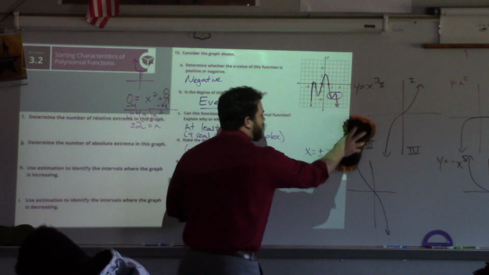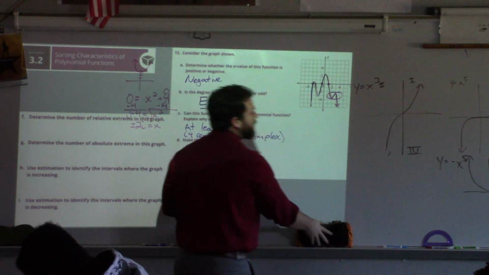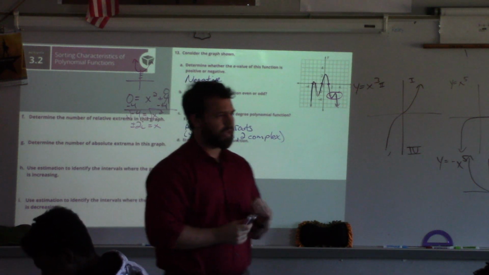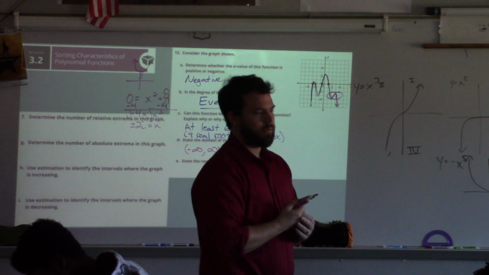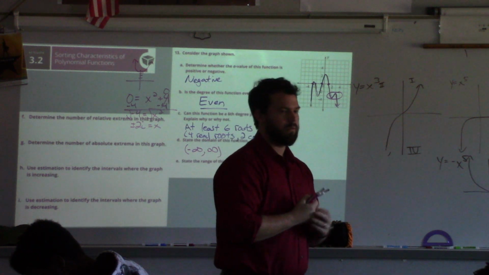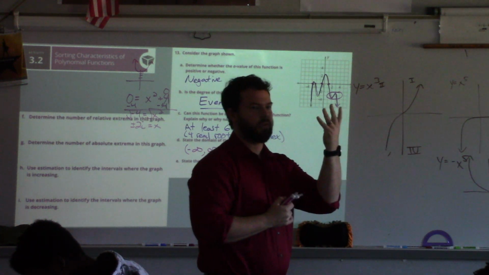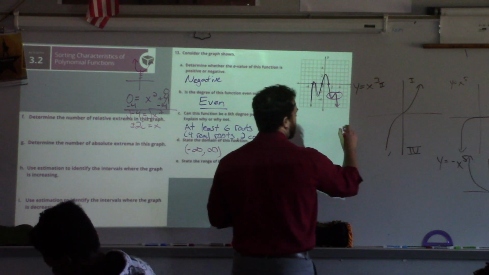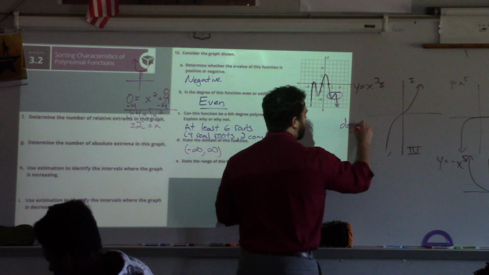One other thing that I do want to share with you, and I want you to notice this, go look at number 12 really quickly. How many relative extrema did you have on number 12? 4 relative extrema on number 12, right? But what did we say the degree was? Which one on number 12?